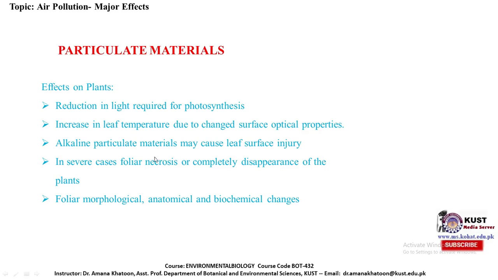Foliar necrosis is the tissue death in the leaf, and sometimes the complete plant also disappears because of these particulate materials, because they deposit on the surfaces and cause the death of the plants. They may cause foliar, morphological, anatomical, and biochemical changes. So, of course, changes in the size and shape of the leaf, then various anatomical changes, which lead towards the biochemical changes.